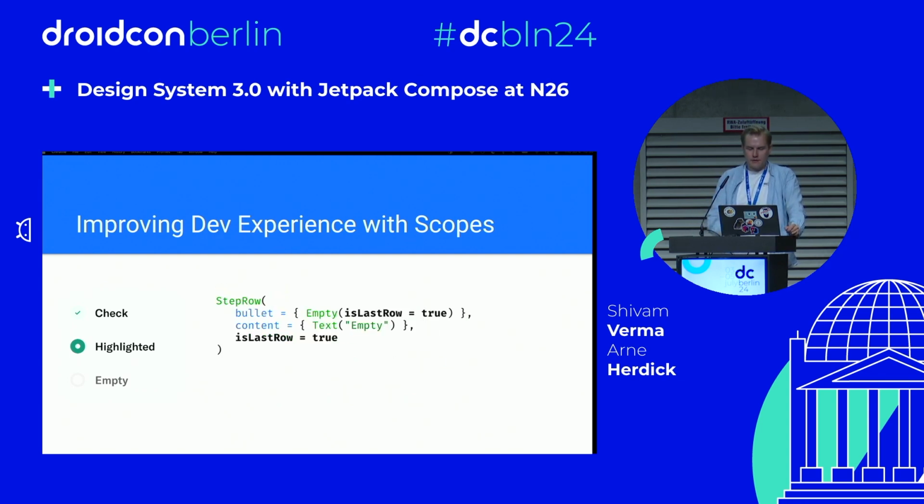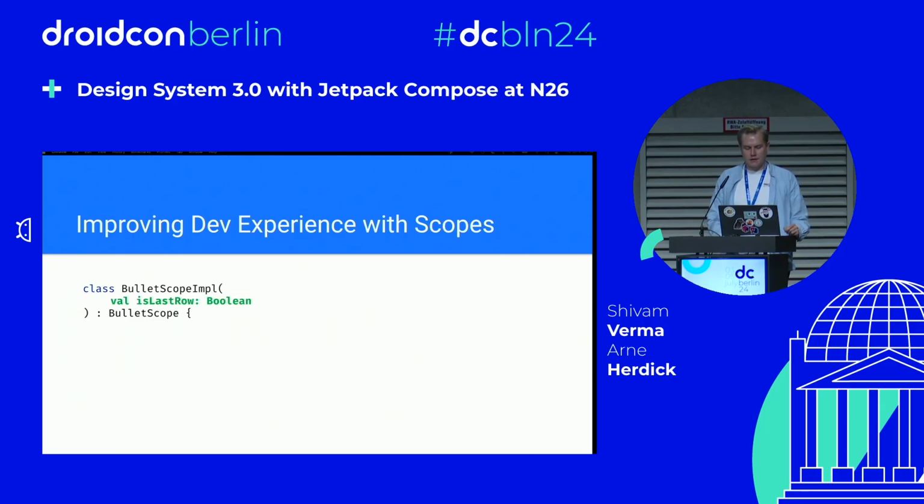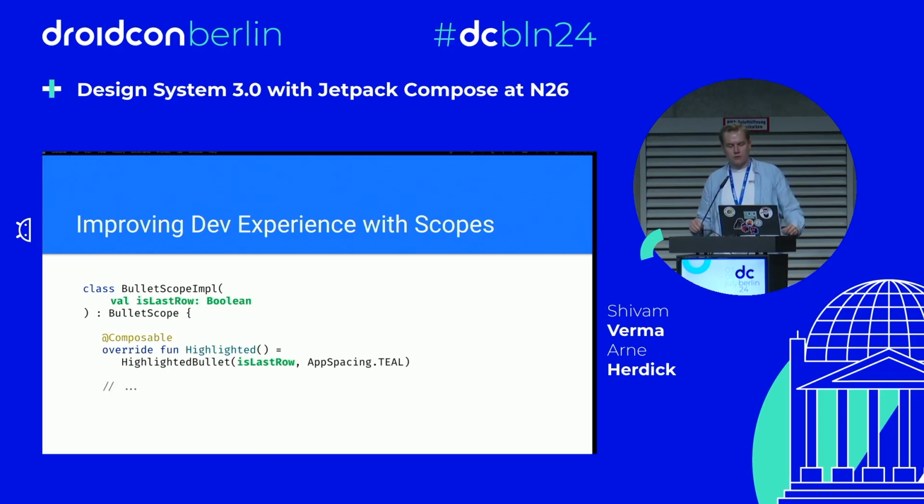But this becomes the API for the feature dev, and then they have to provide this parameter twice, which is of course not nice. What we can do is look again at the bullet scope implementation, and we add this parameter isLastRow there. Then if we look at the actual different bullets, you can see that without changing the interface of the highlighted function, we can provide this as the last row parameter.